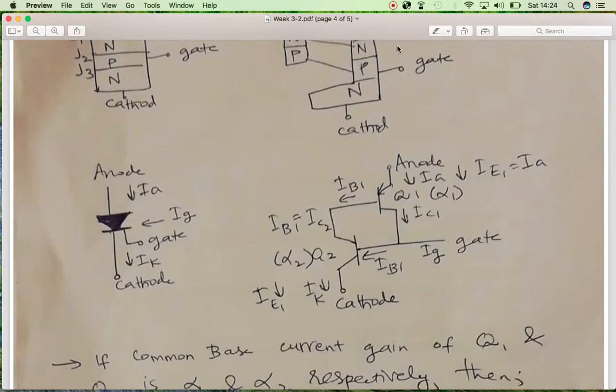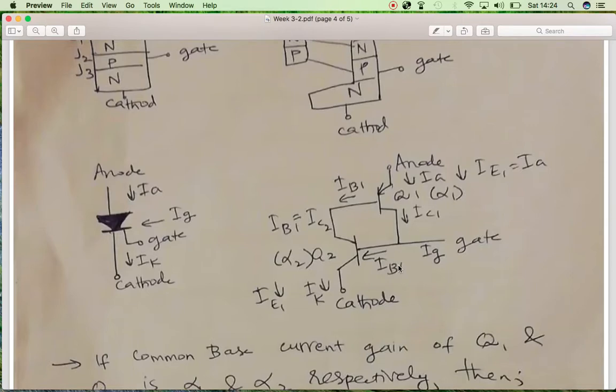You can correct it. This is the second transistor, and this is the first transistor. This is the emitter junction, so this is IE2. You can put IE2 over here and put an arrow over here, which is the NPN transistor, and this is IB2 and this is IC2.